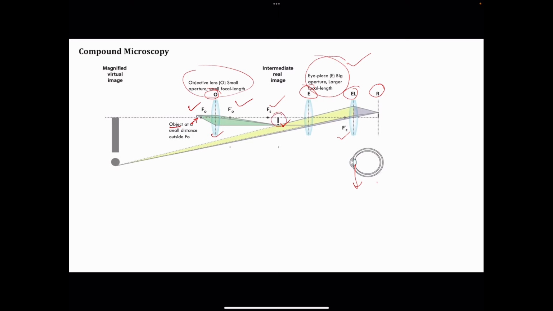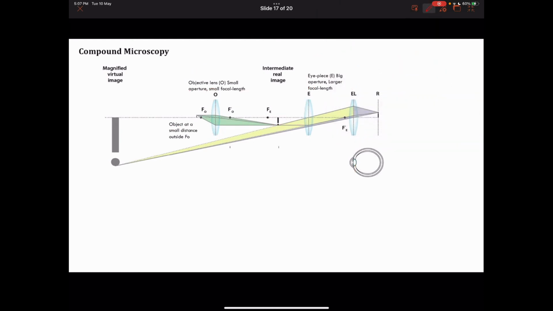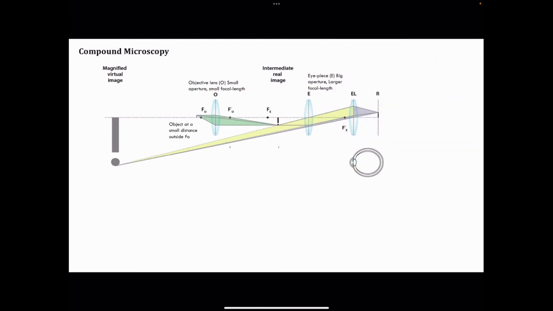In a compound microscope, you arrange the eyepiece with respect to your objective such that this image formed by your objective always falls inside the back focal plane of the eyepiece. I hope we are clear with that, because that's where we are going to lead our image next.